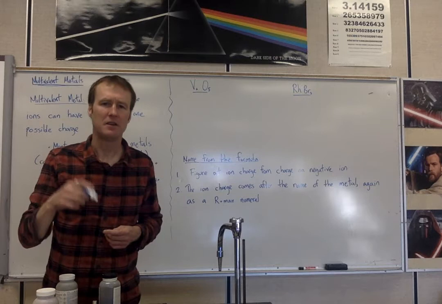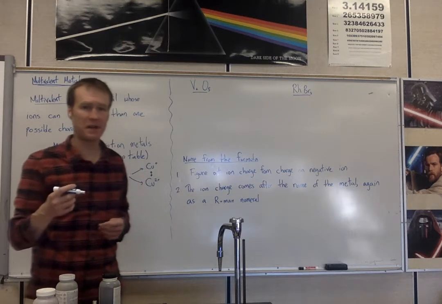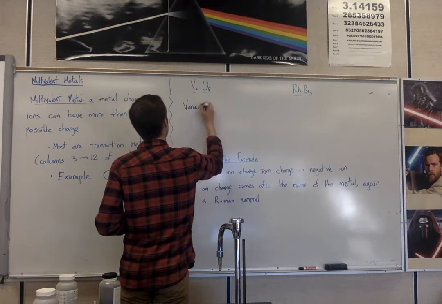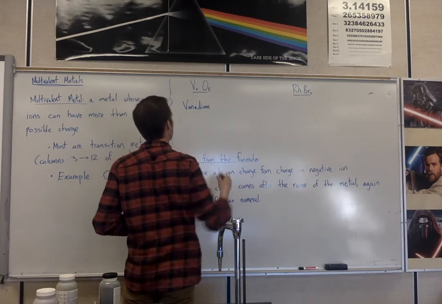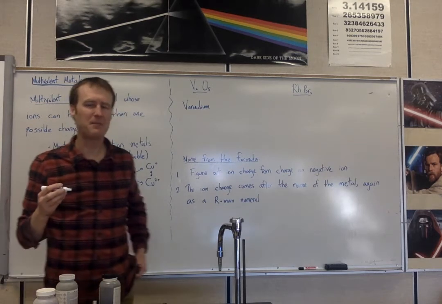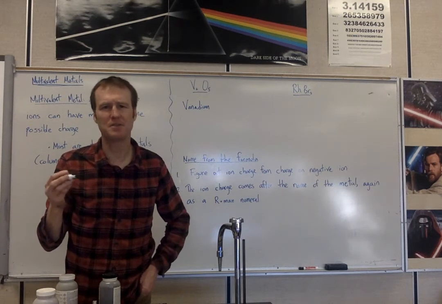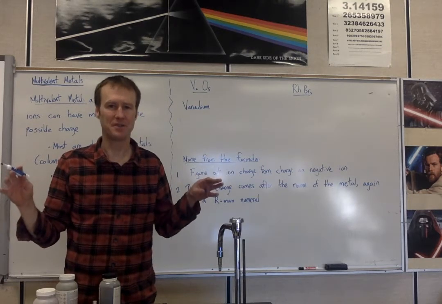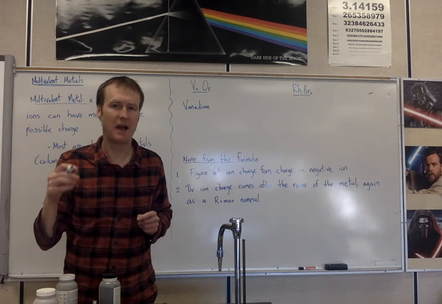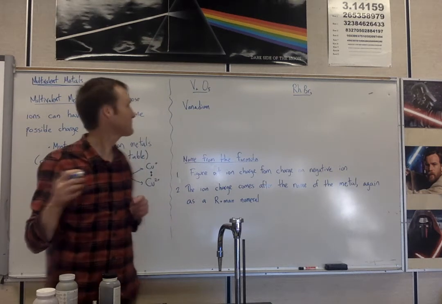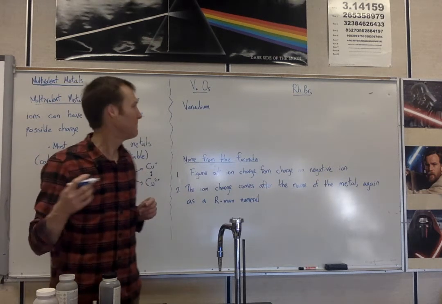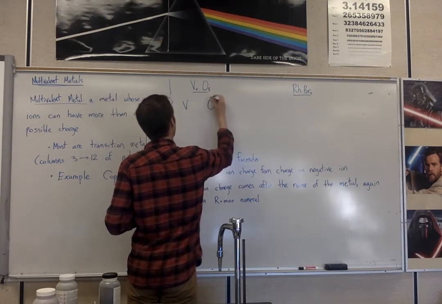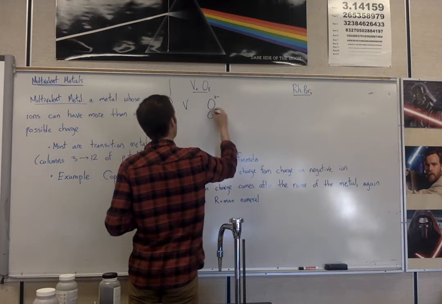V2O5. Here, you need to go to the periodic table and you find out that V is vanadium. By the way, some of you might be tempted at this point to say, oh, my subscript is 2, I guess it's vanadium 2 oxide. No, it is not. The 2 tells you how many vanadiums there are in the formula. So I've got some V's, but I don't know their charges yet. But look at this.